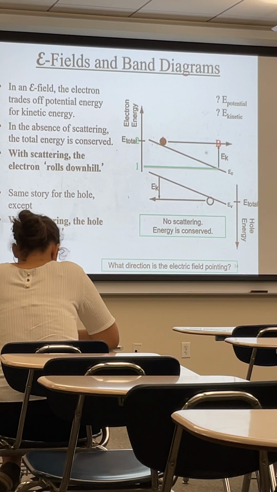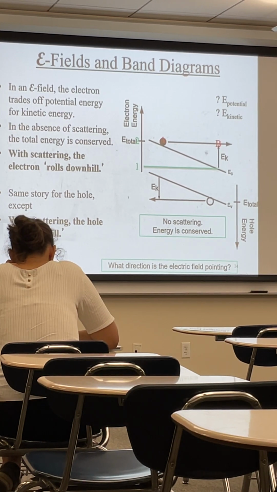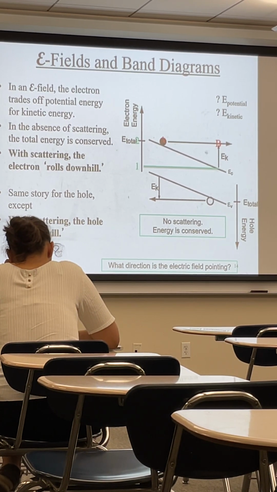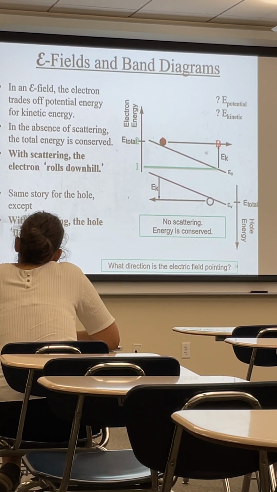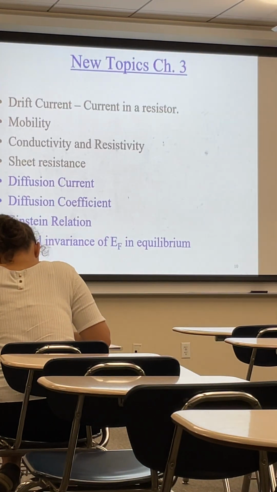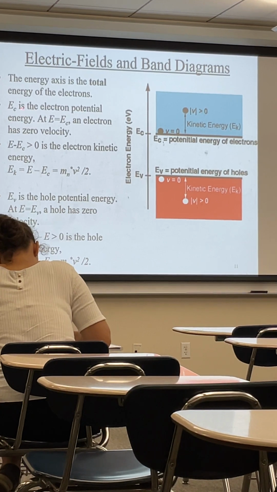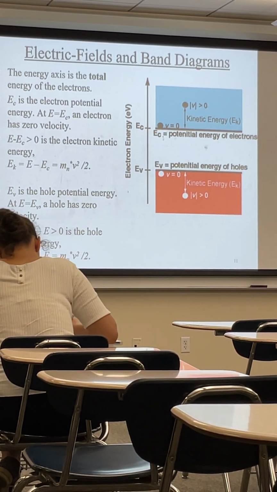For the electron at position A, what is the potential energy? Let me go back: potential energy is EC. So just find the corresponding EC value.